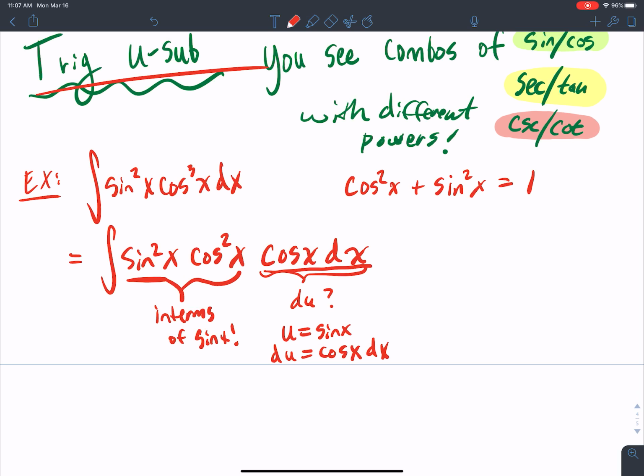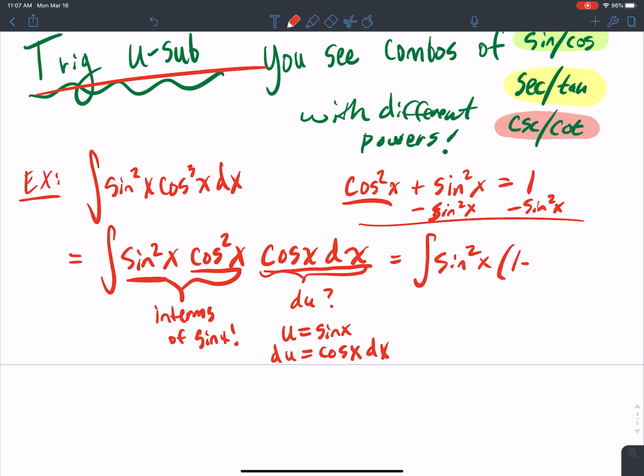How do I write cosine squared in terms of sine? Well, I subtract sine squared from both sides of the identity. And this becomes sine squared x, and then 1 minus sine squared x. And then what does this become?